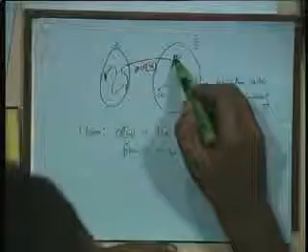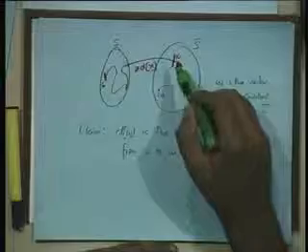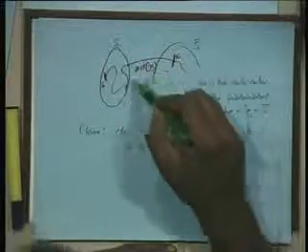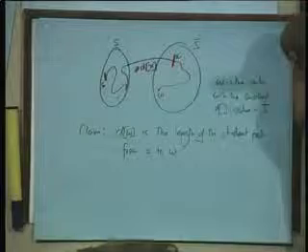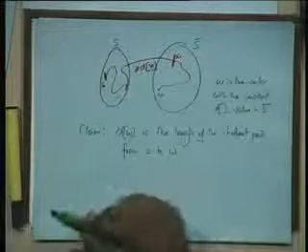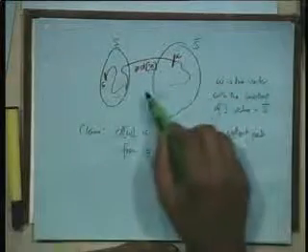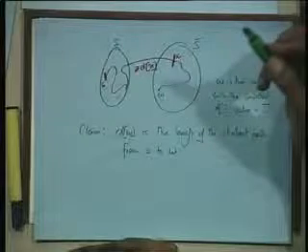Because we said the shortest path from S to x, which uses only vertices of S, has length d of x. Now, this is a path which uses vertices only of S, so it has length at least d of x or more, which is why I have put the greater than or equal to. So, this part of the path is length at least d of x, which means the entire path has length at least d of x.